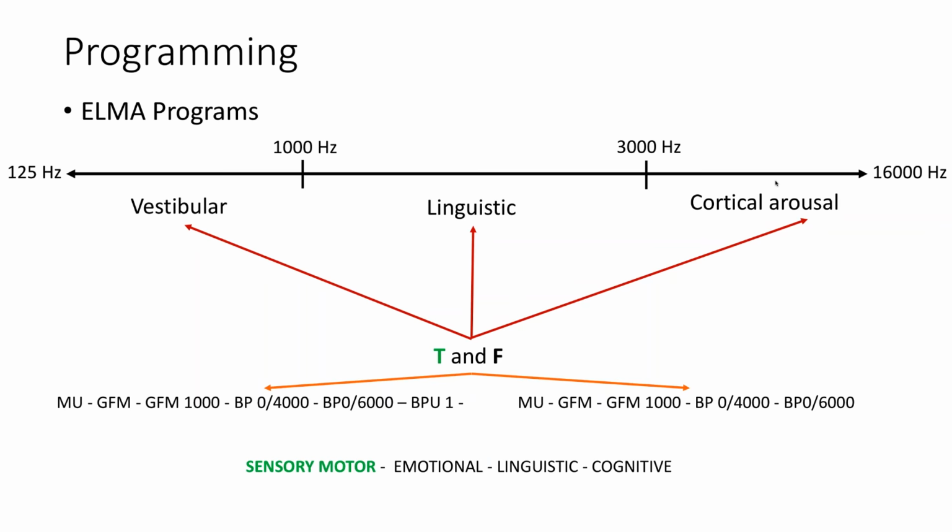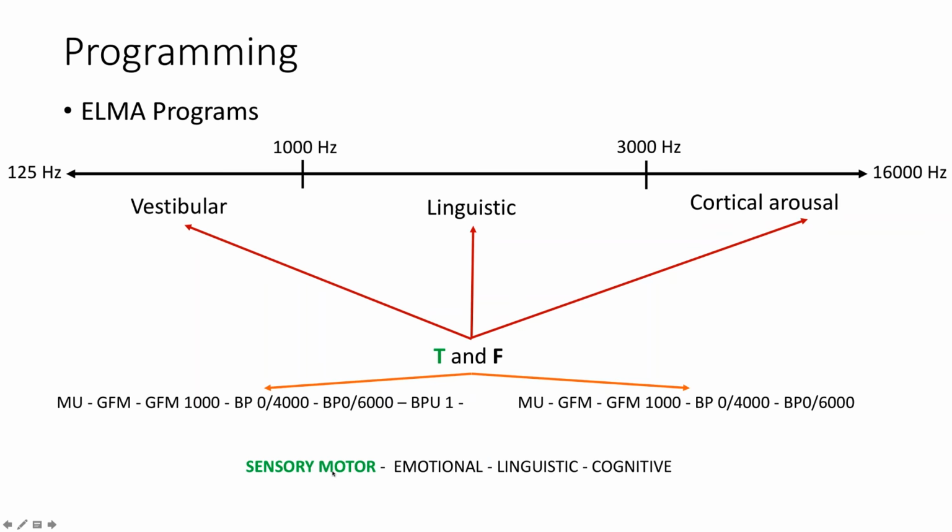We talked a little bit about that last time. Remember that in function of our listening, there will be areas where we will integrate some frequencies better than others. So by using the T and F program, and that's why they are the first two programs that we use, the F being the first program that we use in general, the T is a pre-F, I would call it like that, that covers much more everything that has to do with sensory motor problematics, okay?